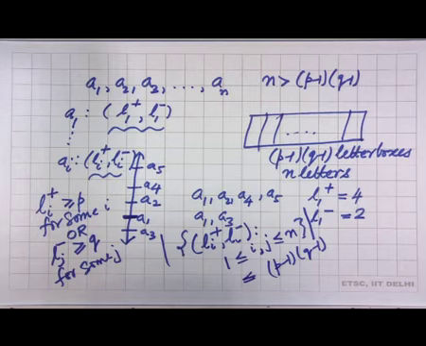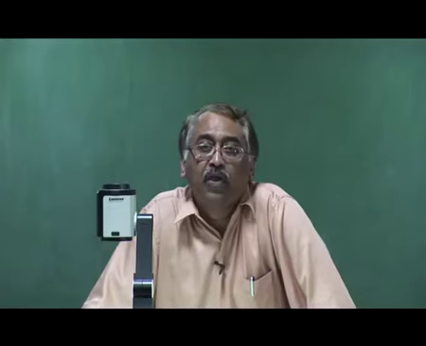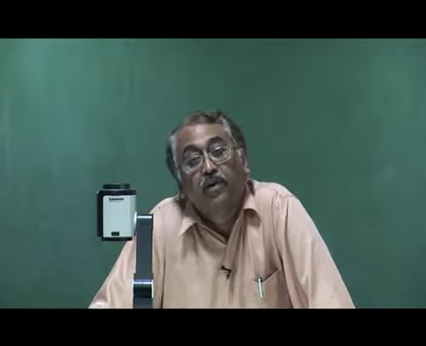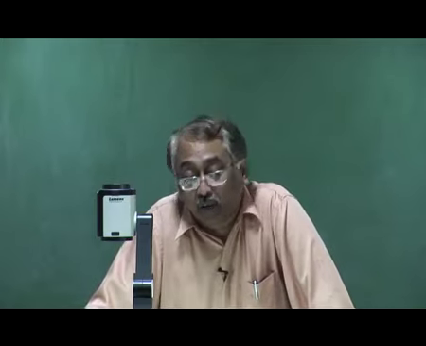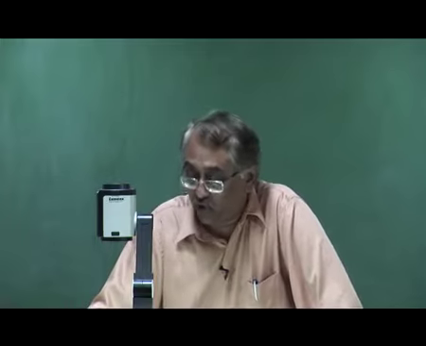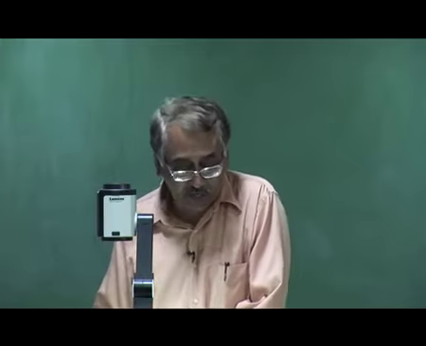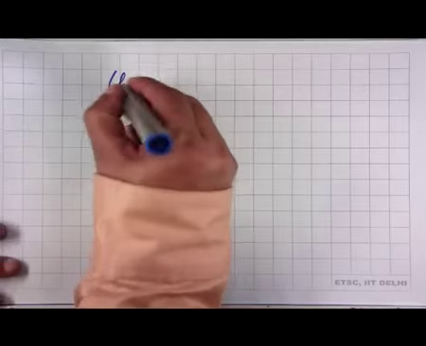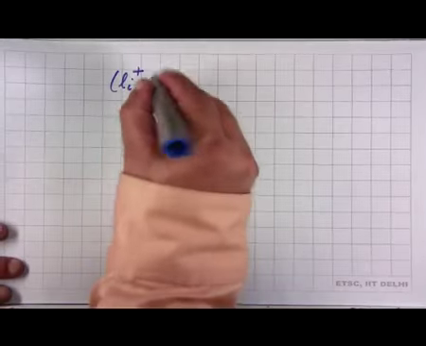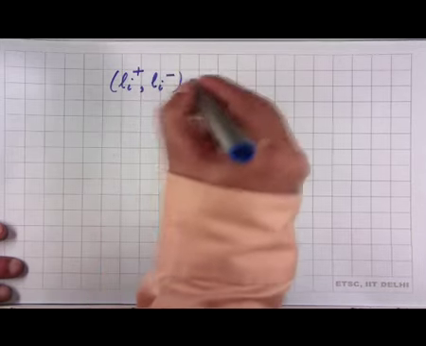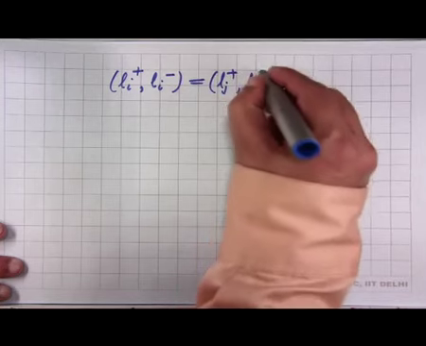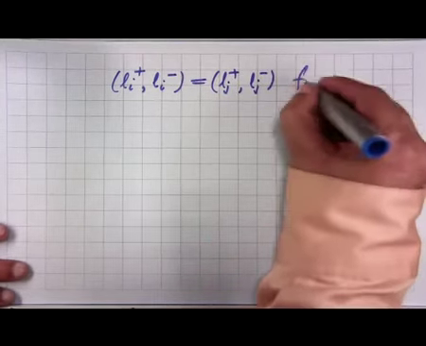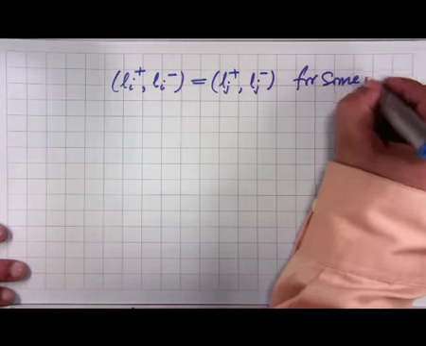Now, if that is the case, then you have a problem. The pigeonhole comes in, n is more than that, and you conclude from the pigeonhole principle that there will be two distinct numbers i and j for which the ordered pair Li plus, Li minus will equal Lj plus, Lj minus, for some i not equal to j.